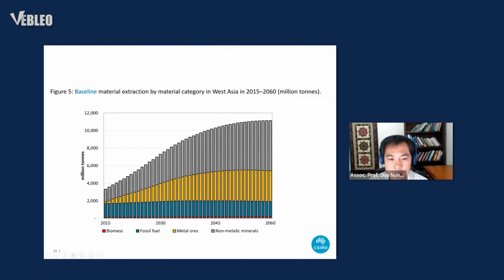You can see that the West Asia countries try to maintain the production level of fossil fuel and also biomass, but for metals and non-metallic mineral, they increase significantly because of population growth and also the increase of infrastructure to develop their economies.